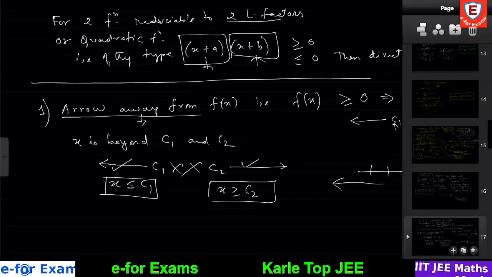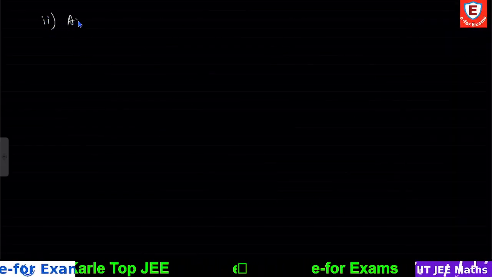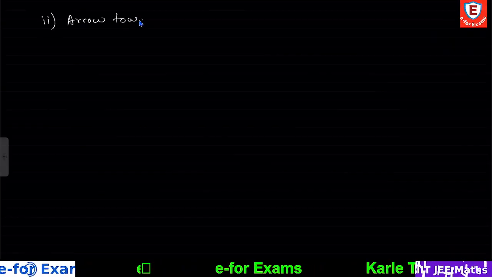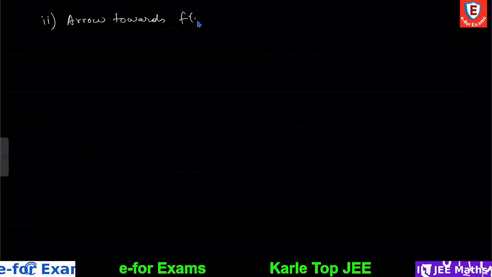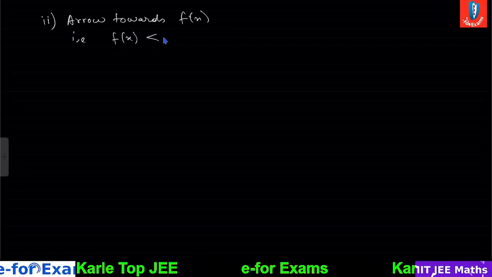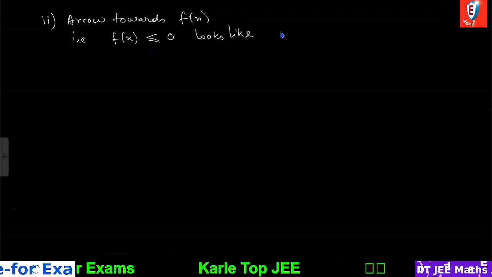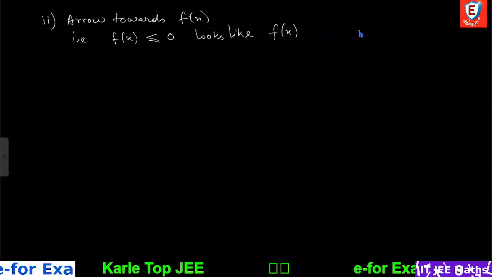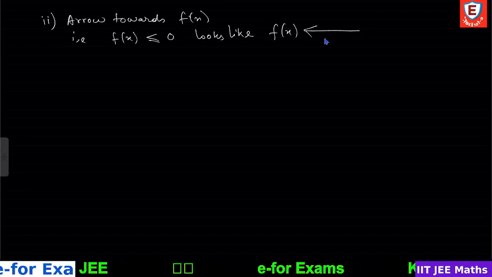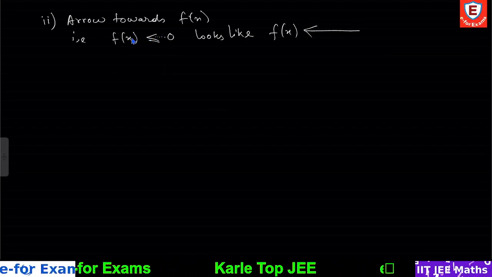Let's do point number 2. Point number 2, arrow towards function. That is f of x is less than or equal to 0. If I put the arrow here, the arrow is coming towards f of x.